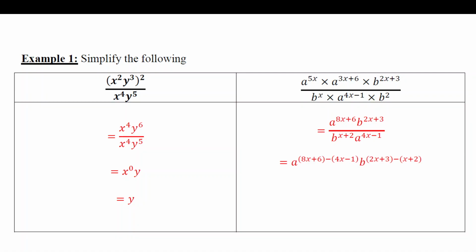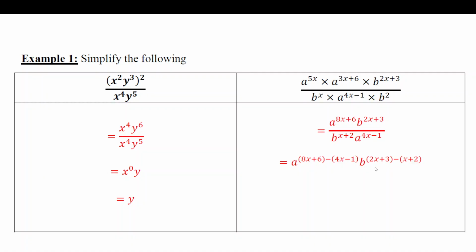And so this here really makes it easy for us to not stuff up any of the positive or negative signs. Okay, so here 8x take away 4x, 6 take away negative 1, which will become a plus. Okay, so that should be 4x plus 7.